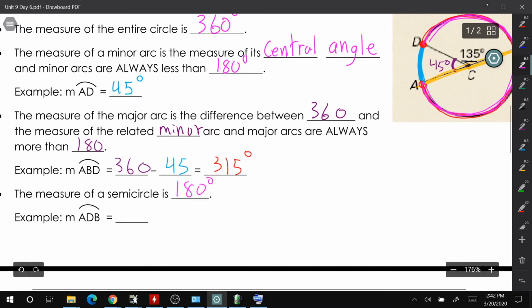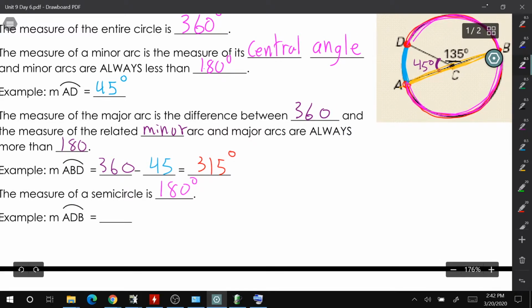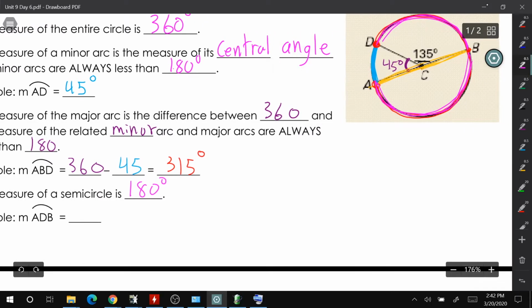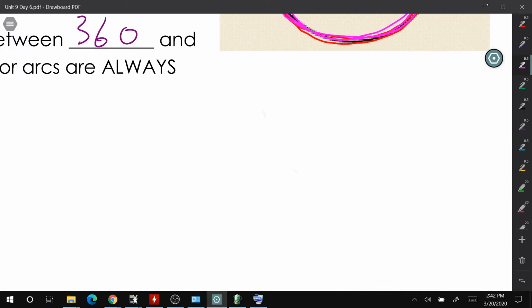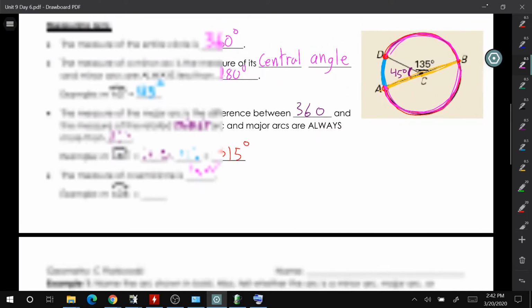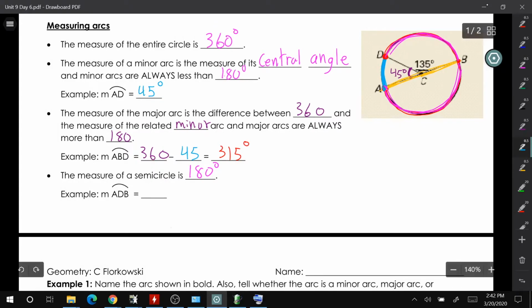So any semicircle, we have A, D, B, so A, D, B is a semicircle, so that is 180 degrees.